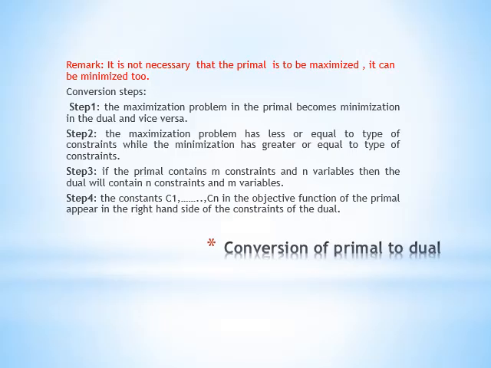If the primal problem is about maximization of profit, then in its dual option it becomes a problem of minimization, and vice versa.